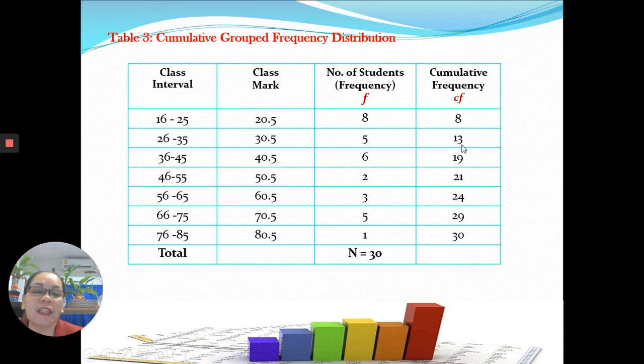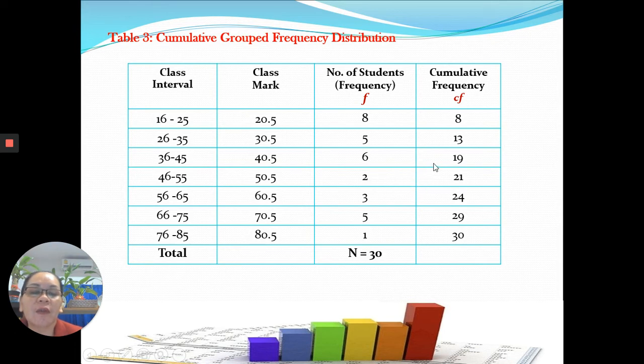And that is 13. And then from there, the third class interval, which is 36 to 45, the cumulative frequency is 13 plus 6 gives you 19. And then you do that for the rest of the class intervals.